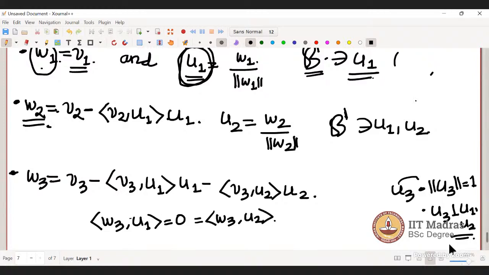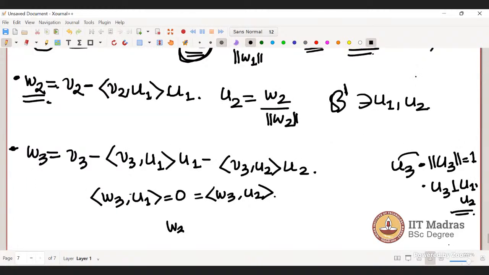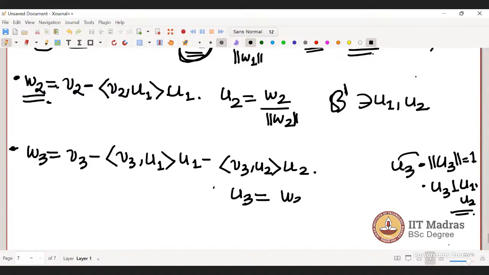But again, we cannot take W3 as U3 because we don't know whether the norm of W3 is 1 or not. So I have to divide W3 by its norm. So U3 is W3 by norm of W3, right? Then I got the third element of my orthonormal basis.